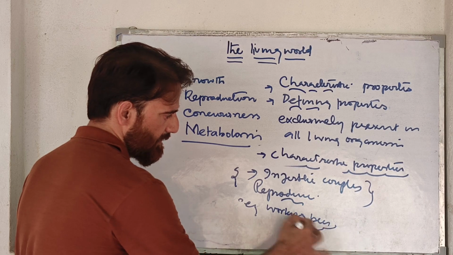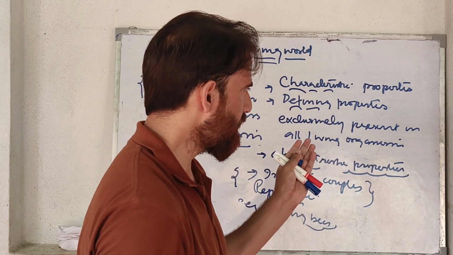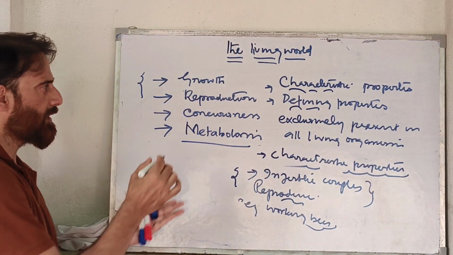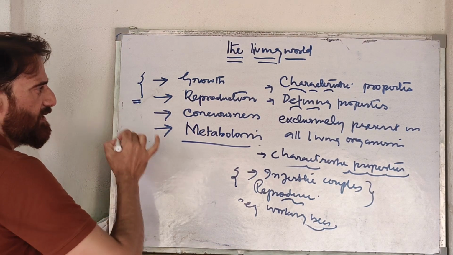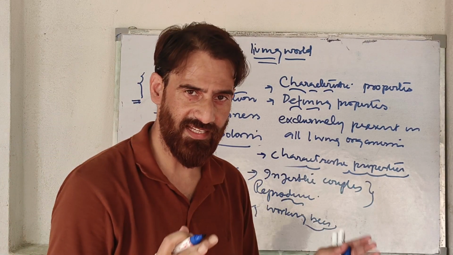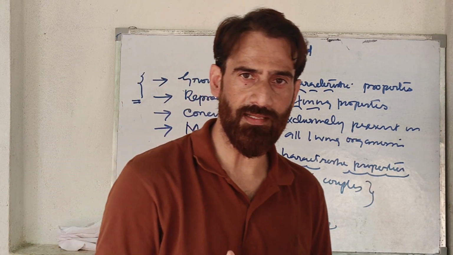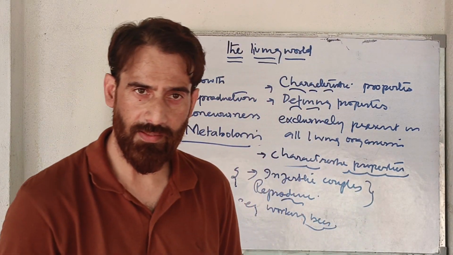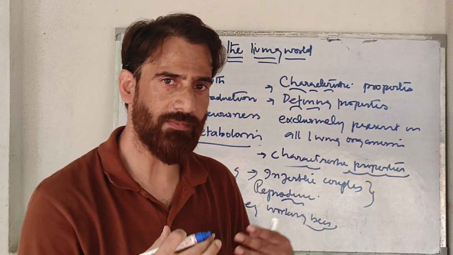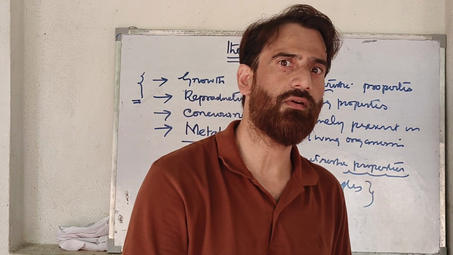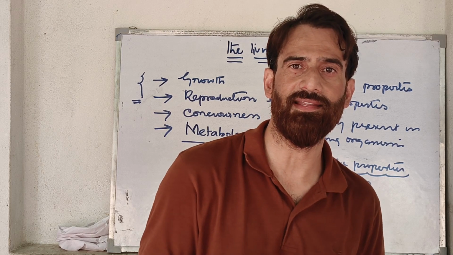If we talk about these four, growth and reproduction, these two properties are the characteristic properties. That means there are some exceptions, they can be present in non-living entities as well.